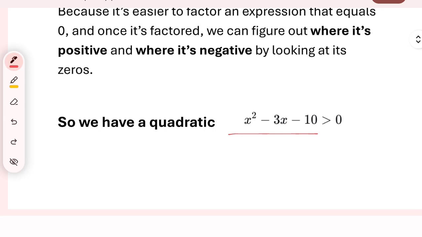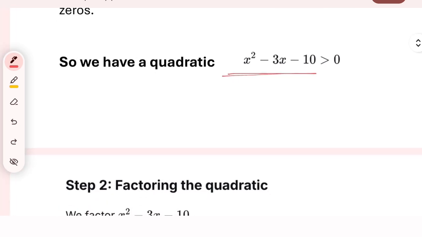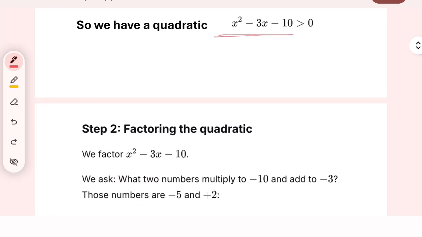A quadratic equation will only have the maximum power of 2. That means we will have 2 values of x. All right? So here, after rewriting it, we come up with a quadratic of x squared minus 3x minus 10.